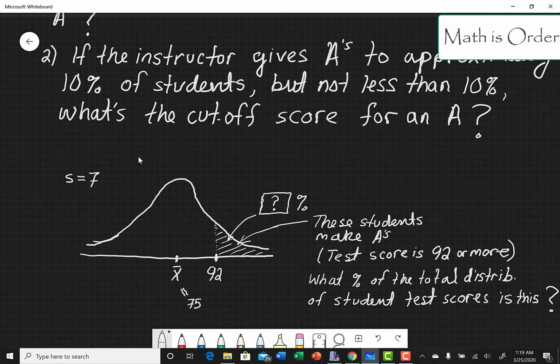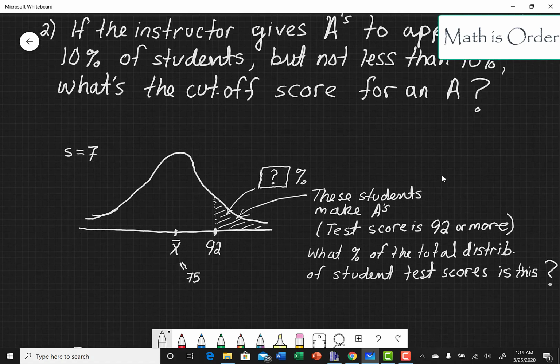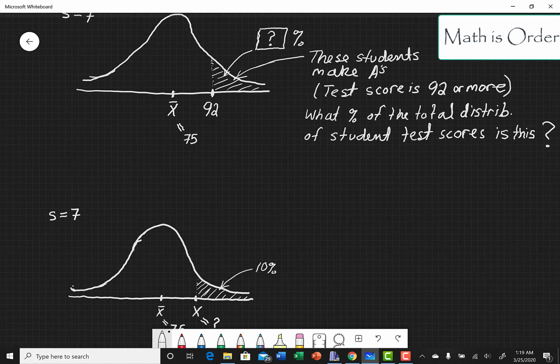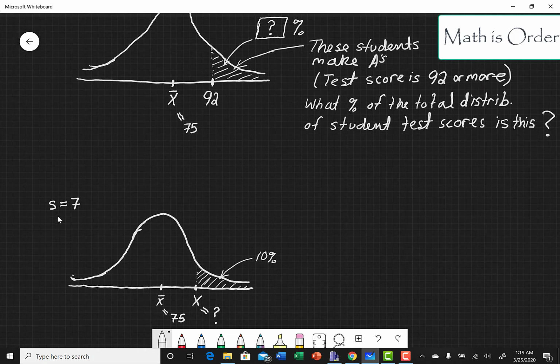Then in number 2, they say if the instructor gives A's to approximately 10% of students, but not less than 10, what's the cutoff score for an A? In pictures, again we have a standard deviation 7 and a mean 75.